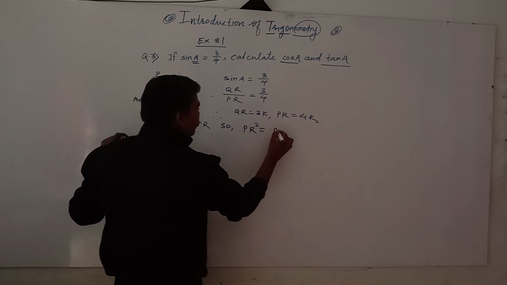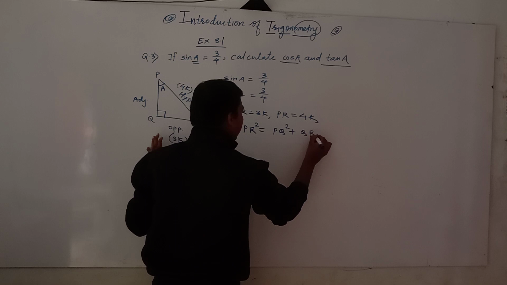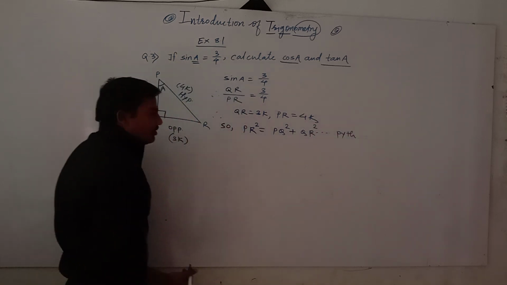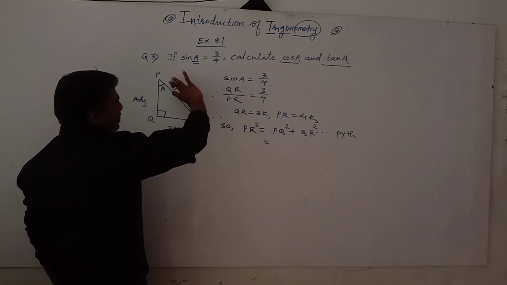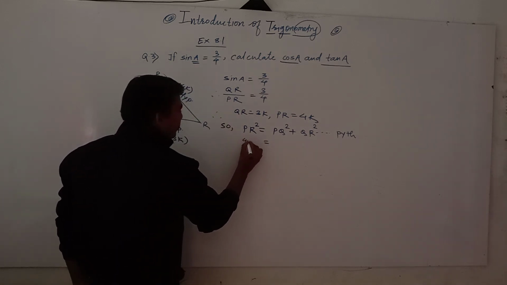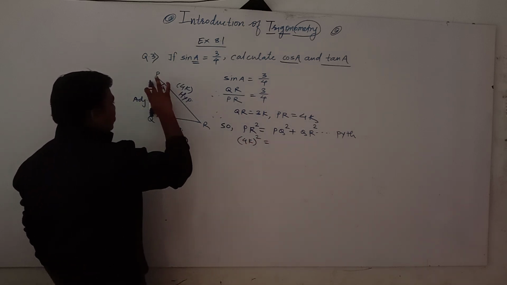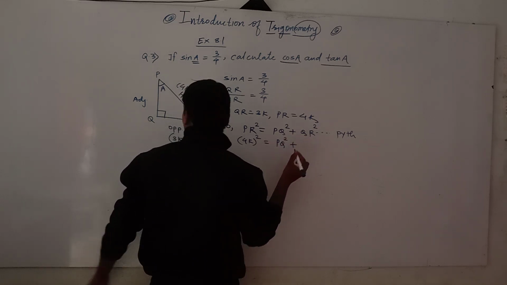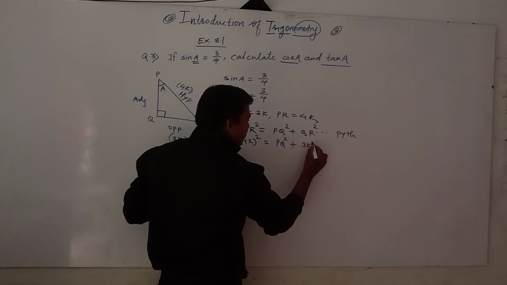PR square is equal to PQ square plus QR square by Pythagoras theorem. So PR, the hypotenuse, is 4k squared, equal to PQ square plus QR, which is 3k squared.